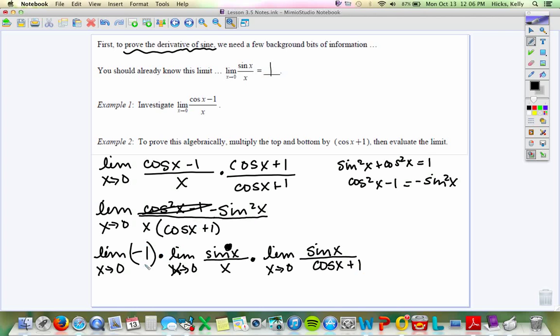Take a second if you need to and convince yourself that this limit times this limit times this limit is the same thing as we started with.